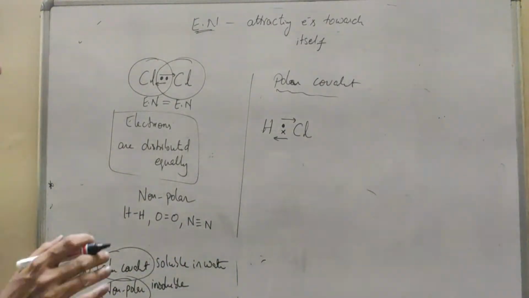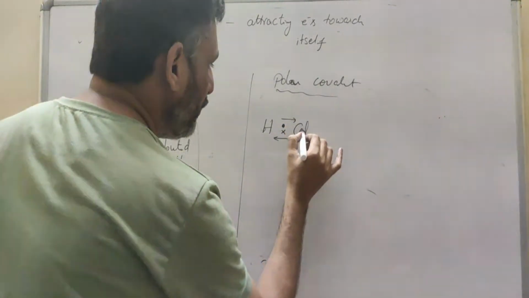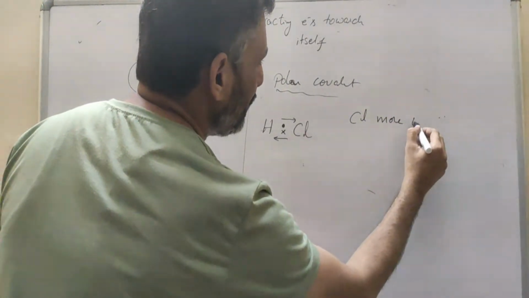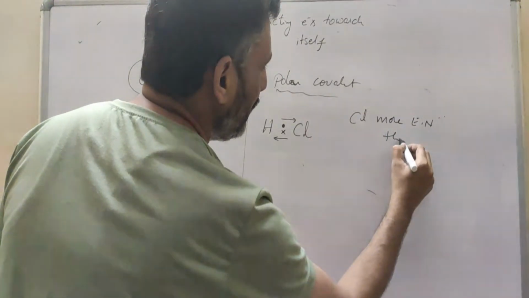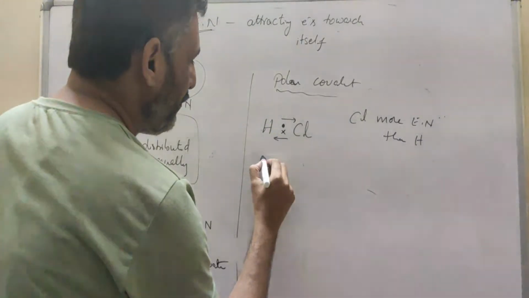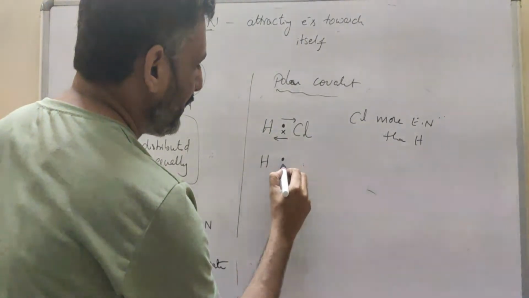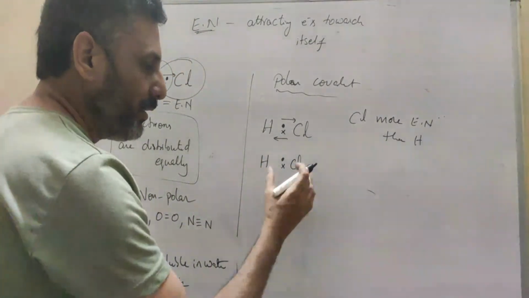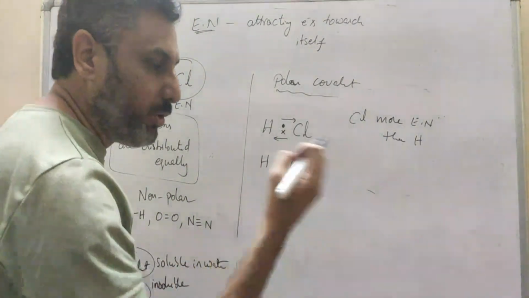But which one has more electronegativity? Chlorine is more electronegative than hydrogen. So obviously this pair of electrons will slightly shift towards chlorine. Slightly, not completely, because chlorine has a stronger pull.